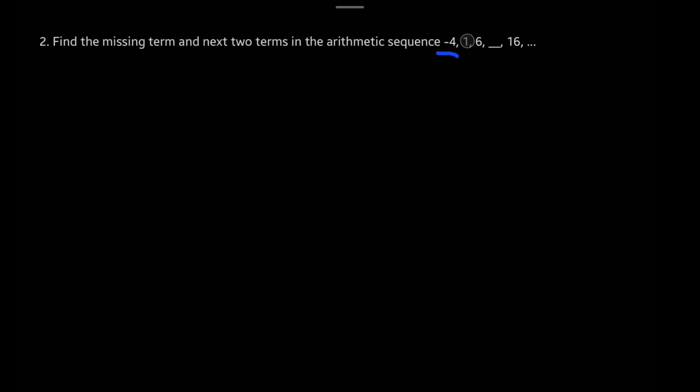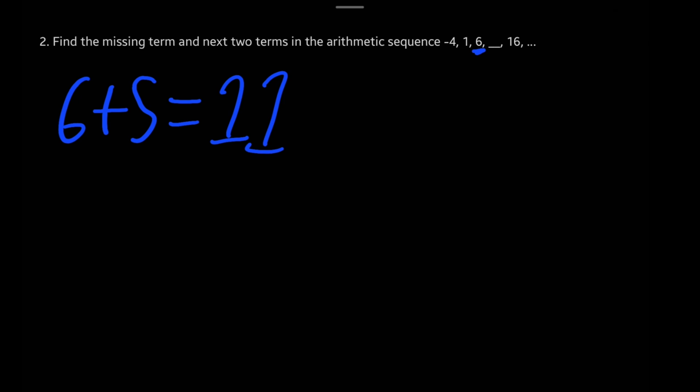Now using basic logic here, for the term 6, we need to find the next number. We'll just add the common difference, which is 5. So 6 plus 5 will easily get 11. So the fourth term here would be 11. And so on with 16. It asks for the next two terms. So what we can do here is 16 plus 5, which gets 21.